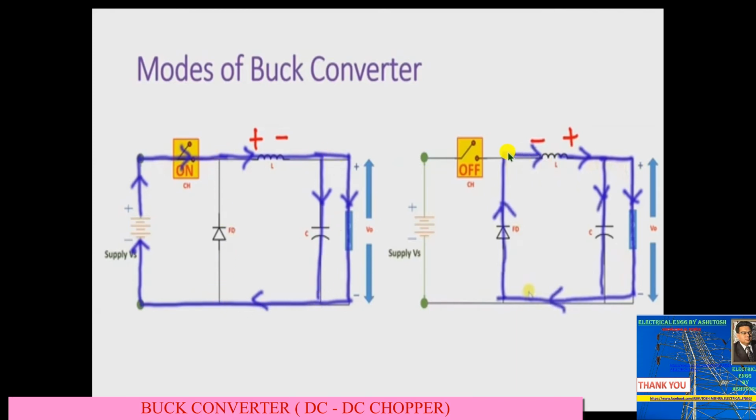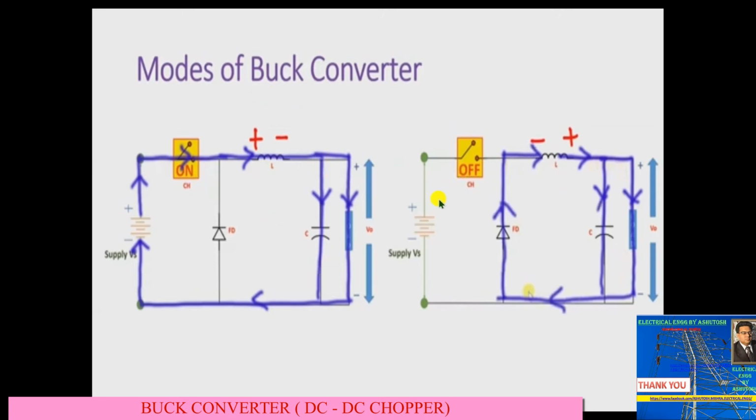Then current will flow like this. Initially the inductor stores energy and induces EMF, and the polarity of EMF becomes like this: plus sign at left and minus at right, and current rises from minimum to maximum during the charging of the inductor.